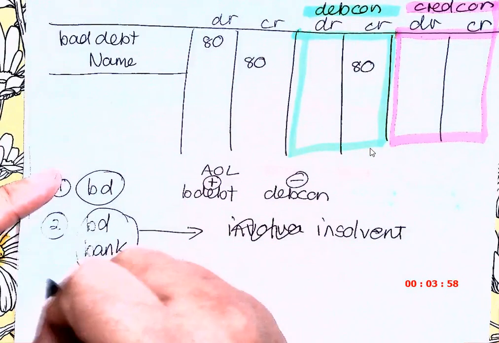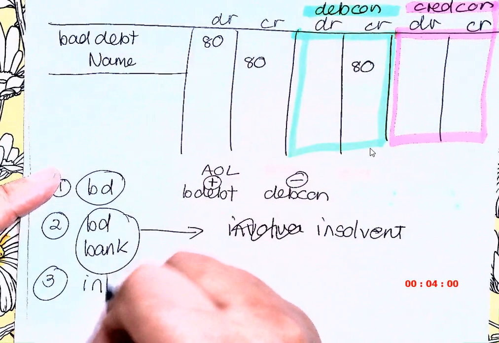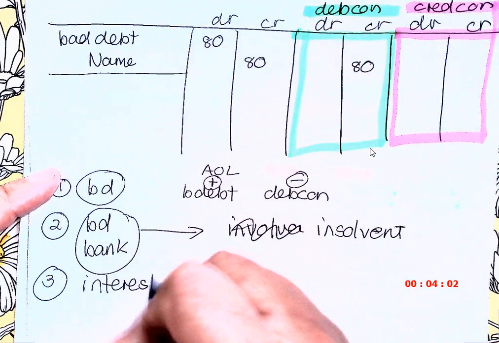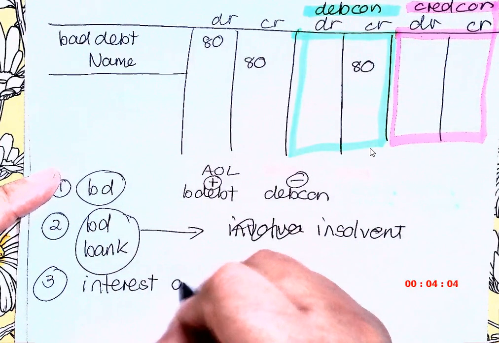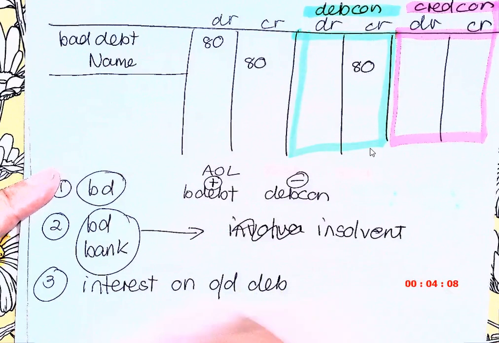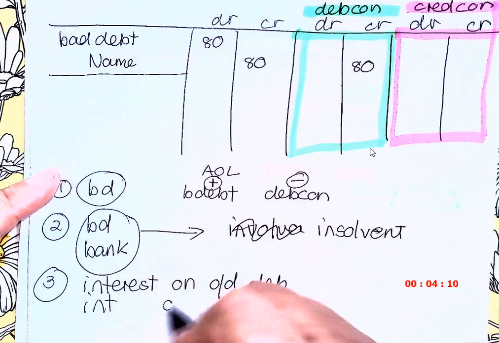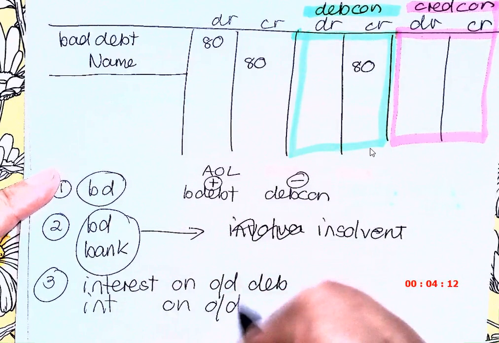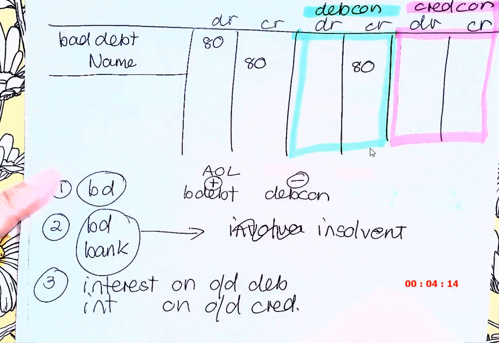Okay. Then we went and we did interest. So, the third thing we did was interest. Now we did interest on an overdue debtor and interest on an overdue creditor.